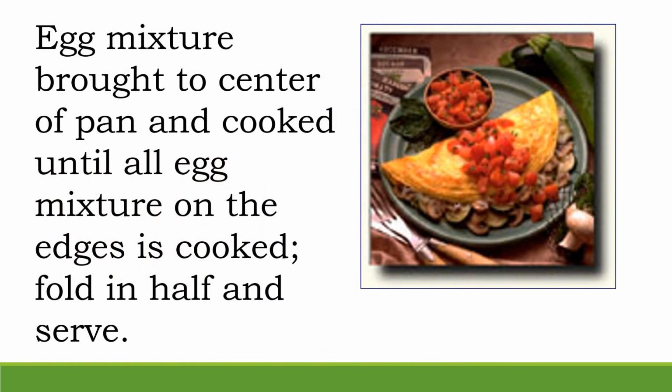And this time you are very much familiar. These are egg mixture brought to the center of the pan and cooked until all the egg mixture on the edges is cooked. Fold in half and serve. And these are omelette.